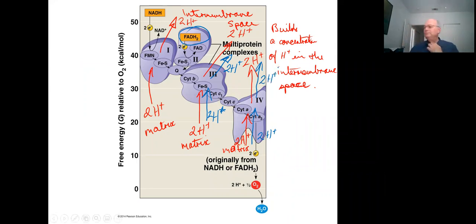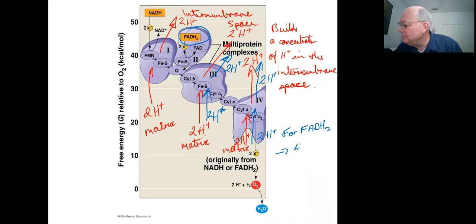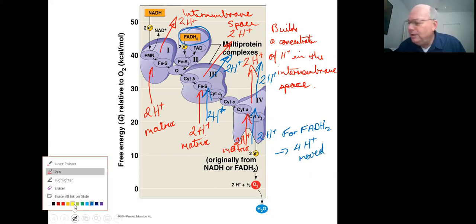So for every FADH2, it's 4 hydrogen ions that are moved.